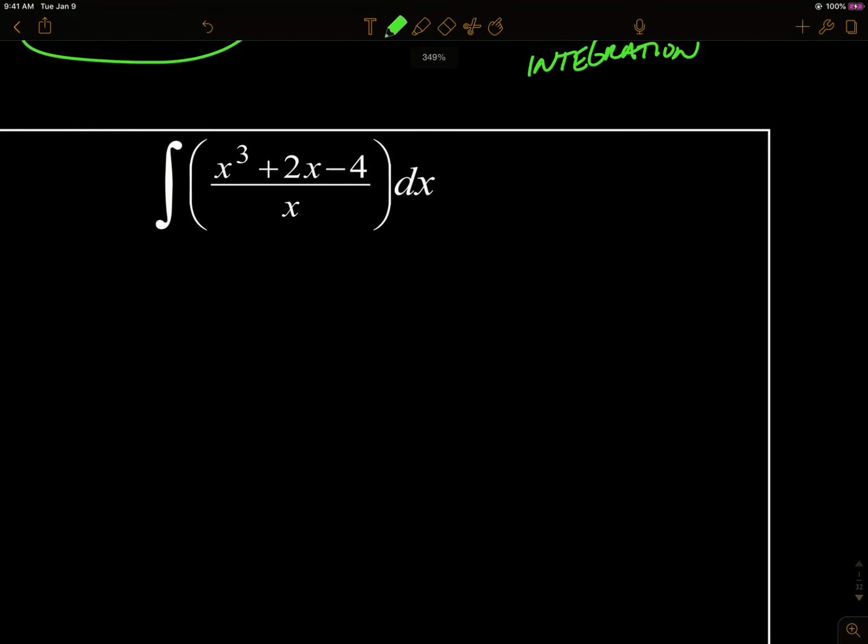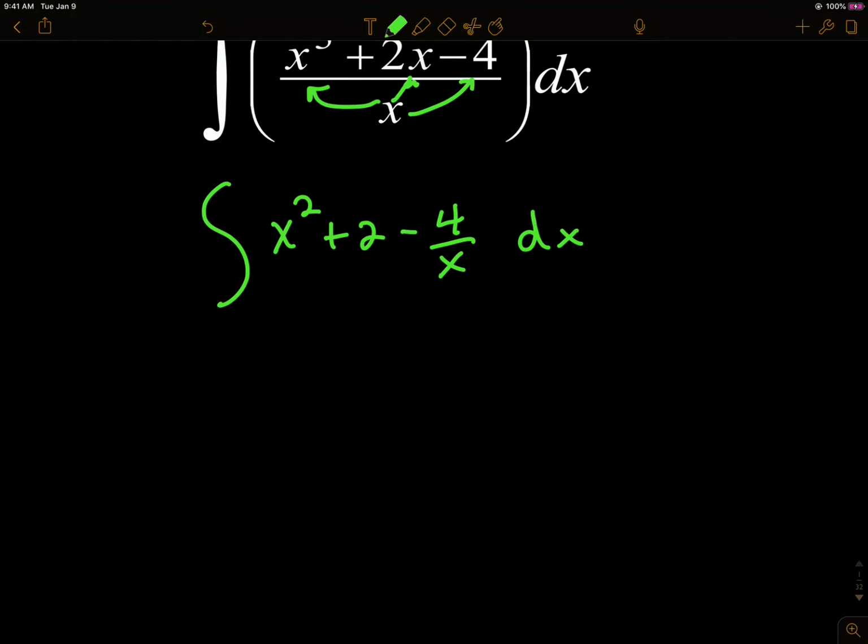All right, moving along. So this guy already is not in the proper form to do power rule. So I have to do some algebra simplification first. If I distribute this division, I arrive at this polynomial.